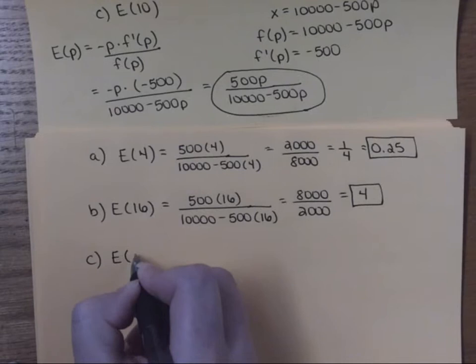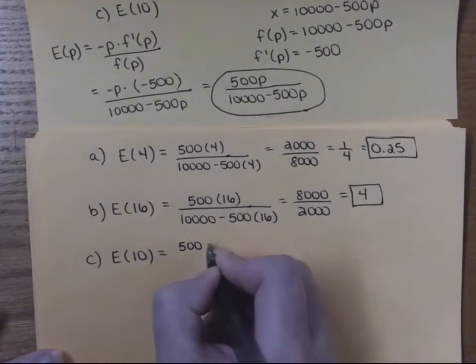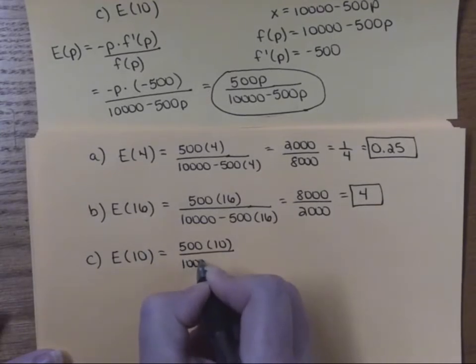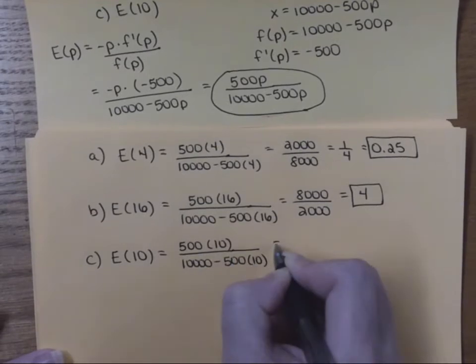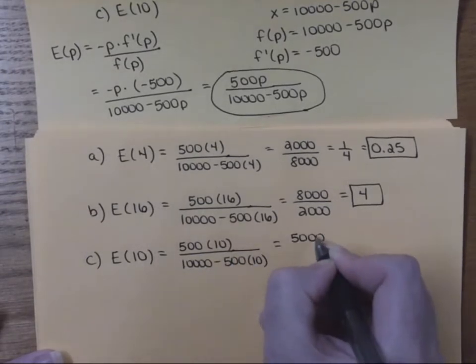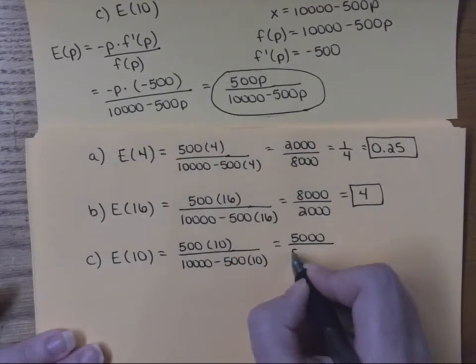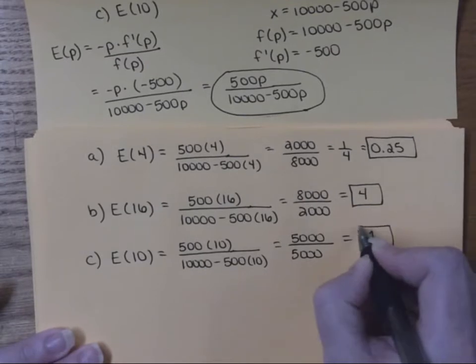And then last but not least, E of 10 is going to be 500 times 10 over 10,000 minus 500 times 10. So notice you're going to get 5,000 on top. On the bottom, you're going to get 10,000 minus 5,000, which is again 5,000. So you actually just get 1 here.